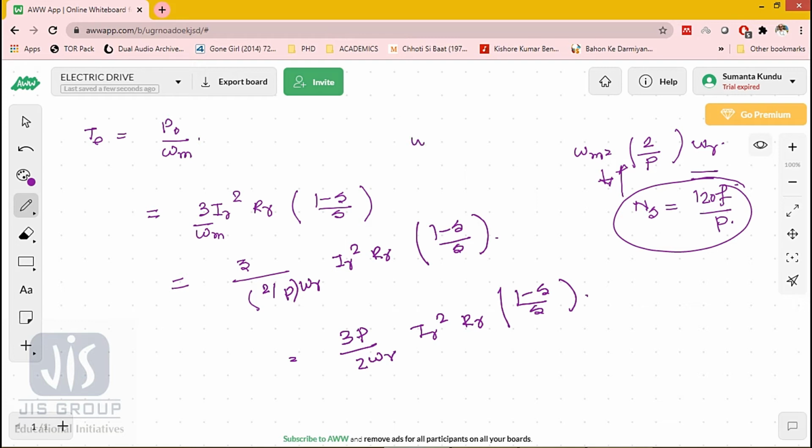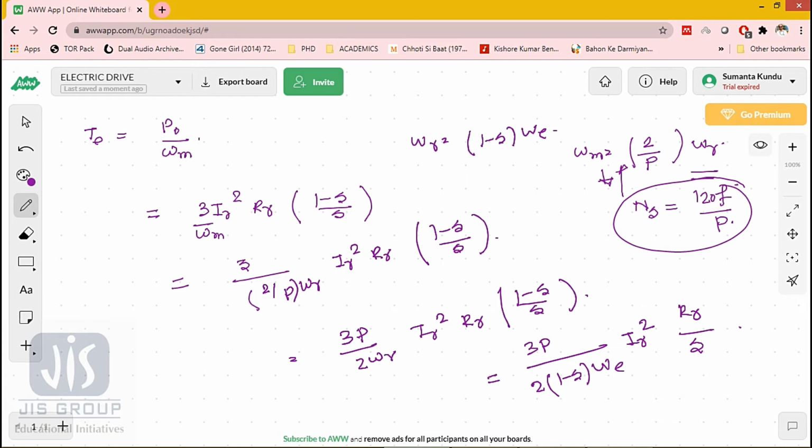Omega r is rotor speed, that is equal to 1 minus S into synchronous speed omega e. So instead of omega r we can write this. So it will become 3 by 2 p into 1 minus S into omega e IR square RR by S.